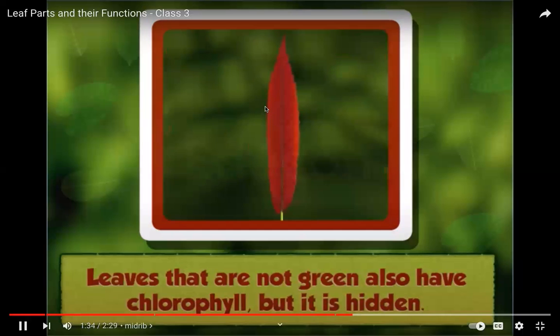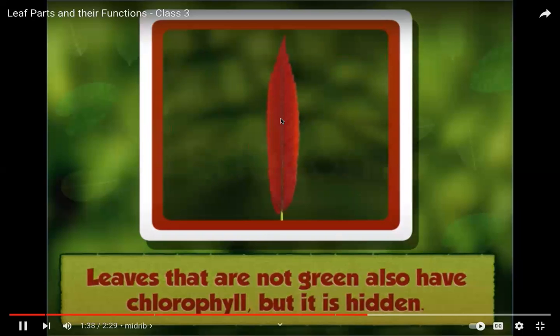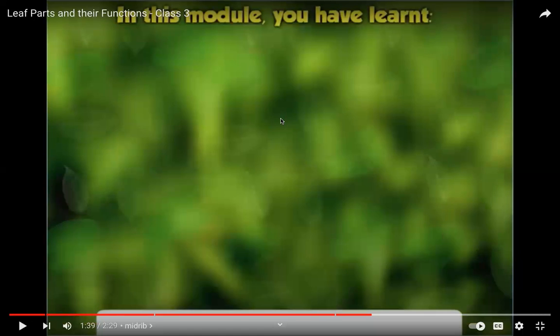Leaves that are not green also have chlorophyll, but it is hidden. Okay. Mark this word better. Those leaves which are not green, they also have the green color substance, but it is hidden.